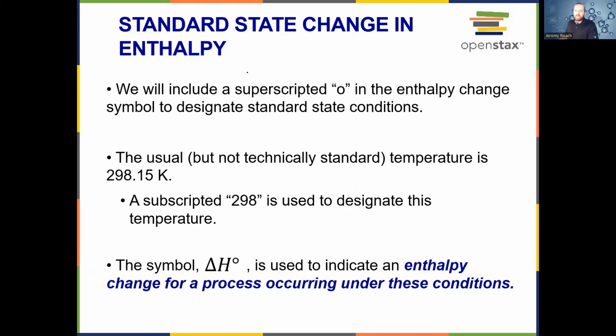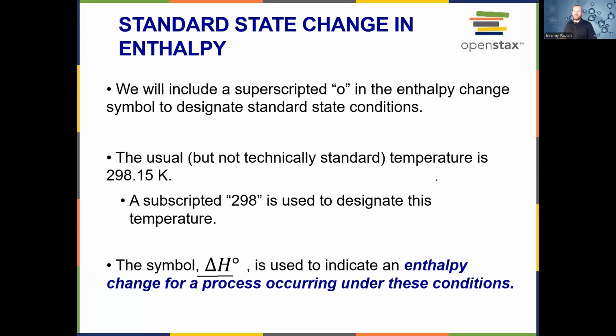The standard state change in enthalpy. The standard state change in enthalpy is change in enthalpy with a degree symbol next to it. It is the enthalpy change when a process occurs under standard state conditions.